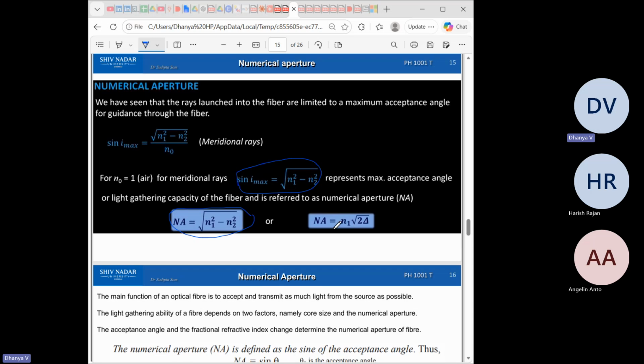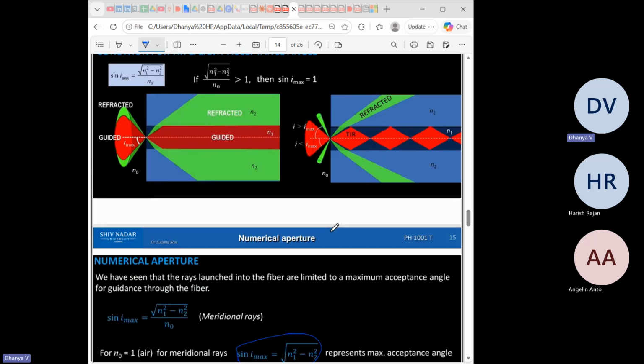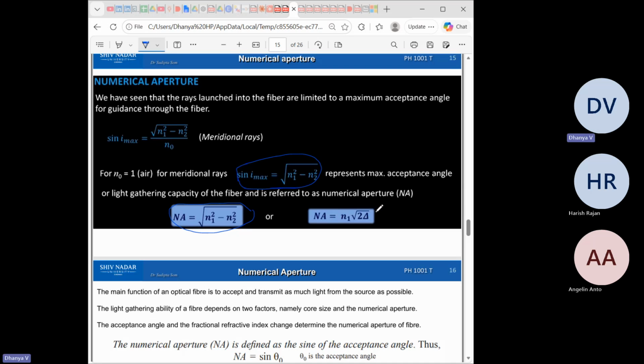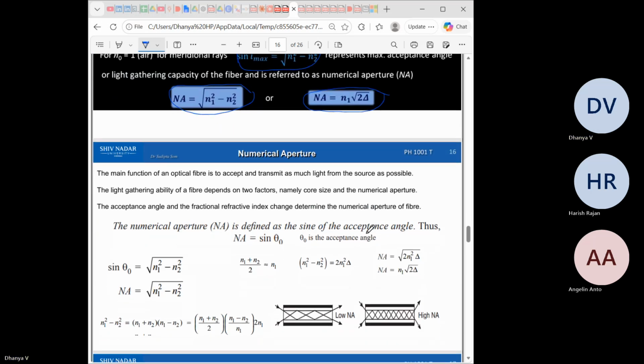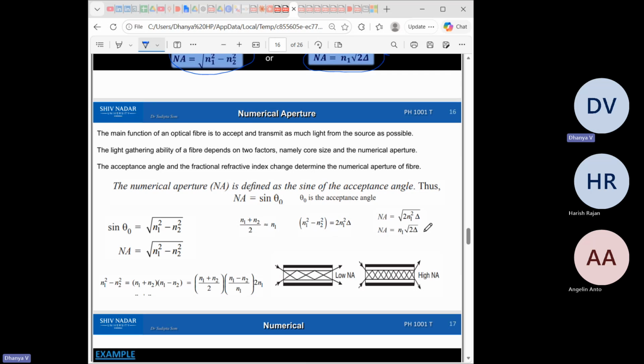If you compare it with the previous formula, where we got a relative index difference delta, and substitute there, you will essentially get numerical aperture is equal to n1 into root of 2 delta. It's just the same thing repeated over again and again. I think they've just shown the derivation and how it exactly happens.